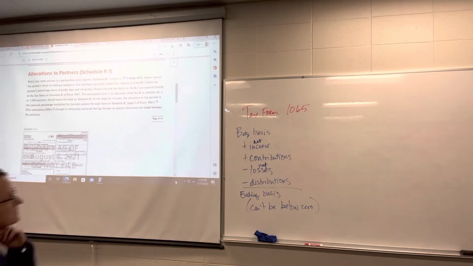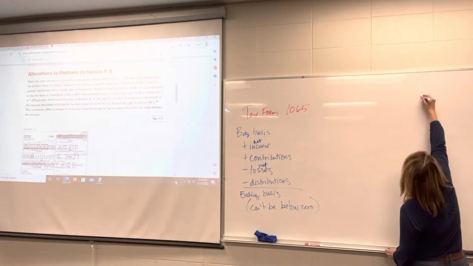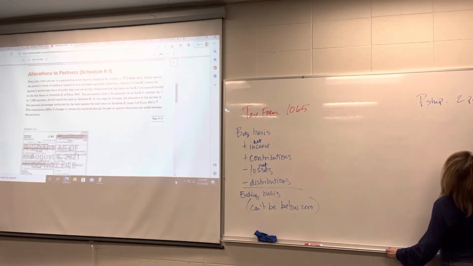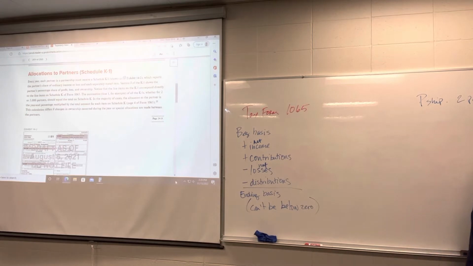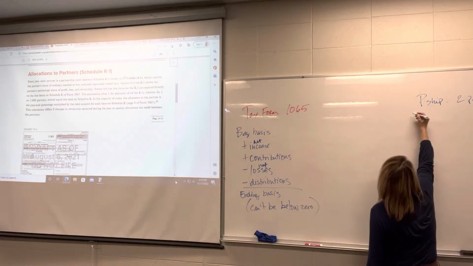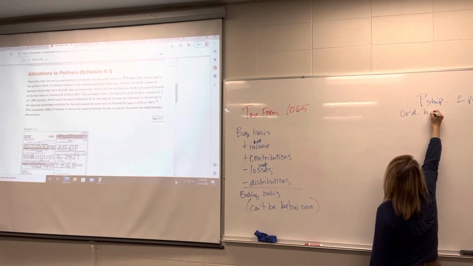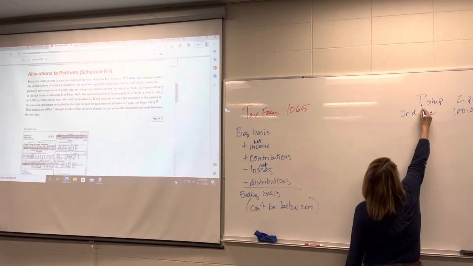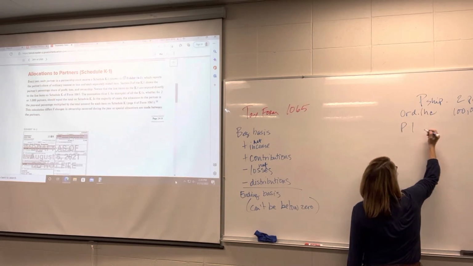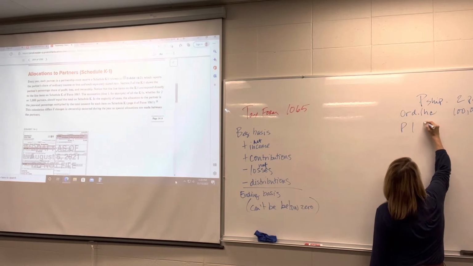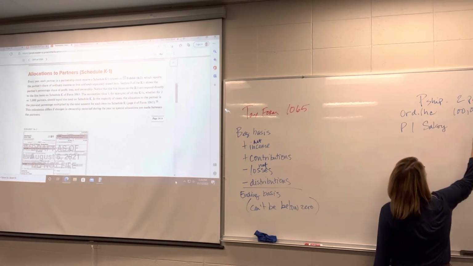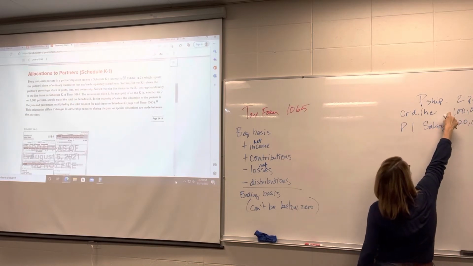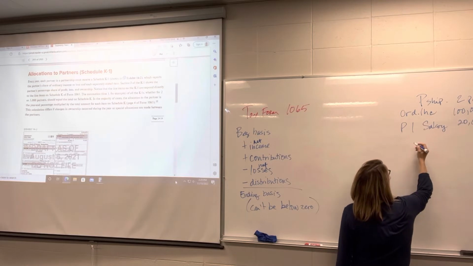So let's say we've got our partnership that has two partners, 40, 60, and we have total ordinary income of 100,000. Partner one has a salary, I'm gonna call it salary because it's shorter to write out, of 20,000, and it's already calculated into the ordinary income amount.